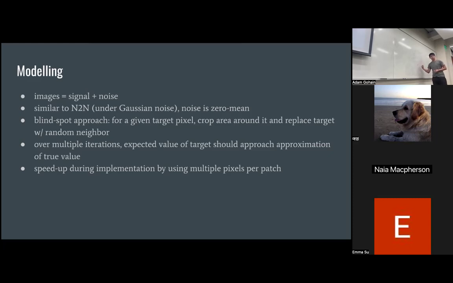So over multiple iterations, this tends to approach the average value of all of the clean signal values within the grid, plus the average value for noise. But this is assumed to be 0 because we're dealing with zero-mean noise. So this cell will approach the expected value of all the values within this grid.